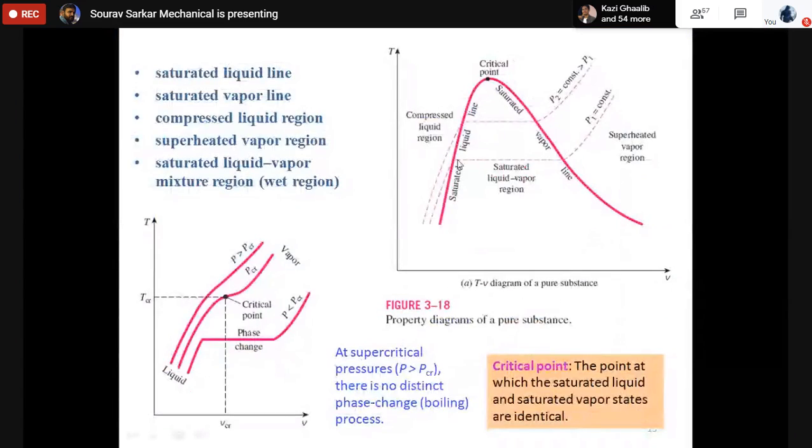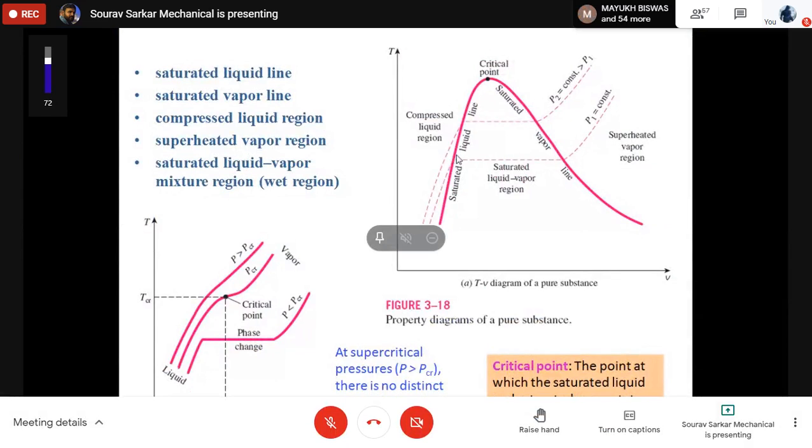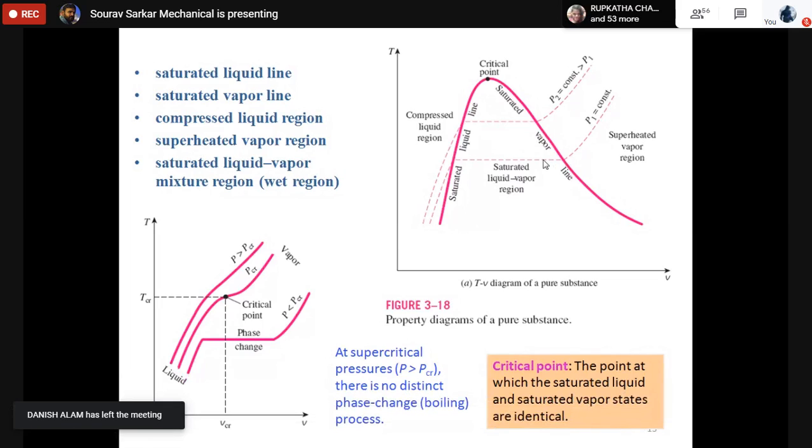What is happening in between this and this? This is the saturated liquid and this is the saturated vapor. So in between, every state can be termed as a saturated water state. Saturated water is basically the combination of saturated liquid plus some part of saturated vapor.